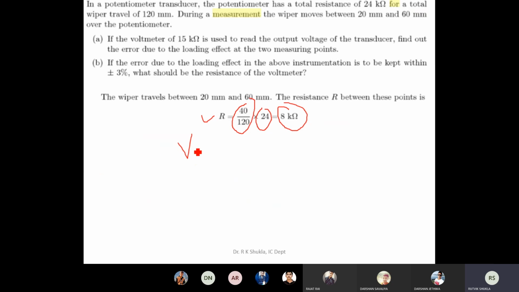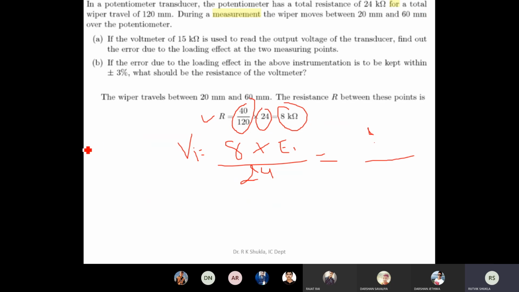So in this case, ideally, what you can get is your wiper travel resistance, 8 kilo ohm, multiplied by EI, that is your excitation, and divided by the total resistance, that is 24. If I simplify this, whatever I get is your ideal voltage.